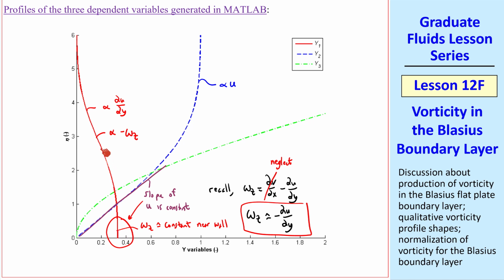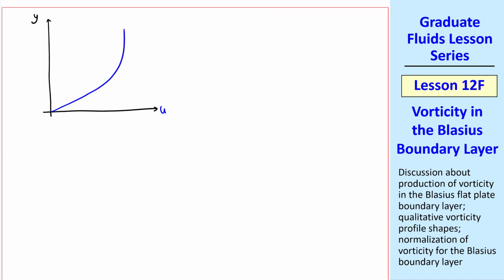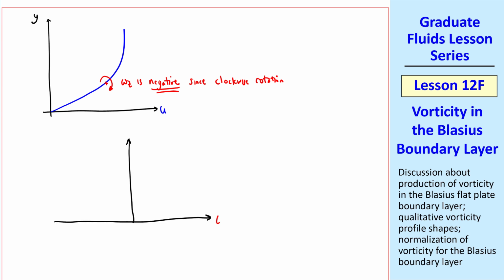The magnitude of vorticity decays to 0 at infinity. Again, sketching our velocity profile, the rotation rate, or the vorticity, is negative since we have clockwise rotation, and rotation is defined as positive counterclockwise. So when we plot the z component of vorticity, it's negative everywhere and asymptotes to 0 at infinity.